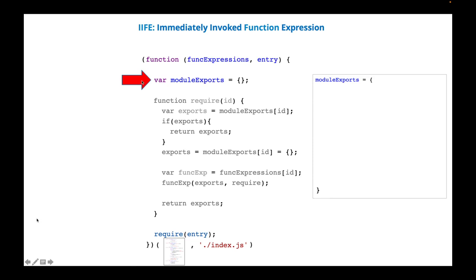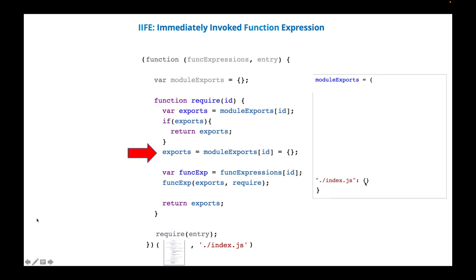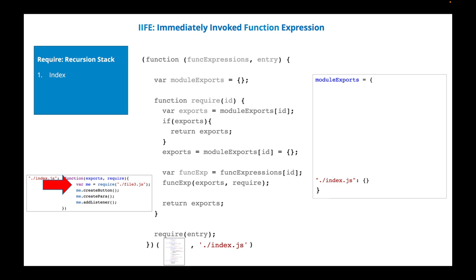I've just given a pointer on how JavaScript runs here. An empty object is created, and then it calls the first file, which is index.js, and creates an empty object for it. Then it proceeds recursively, and the first line of every file is executed. In our case, it's the import statement; here I'm just using a require.